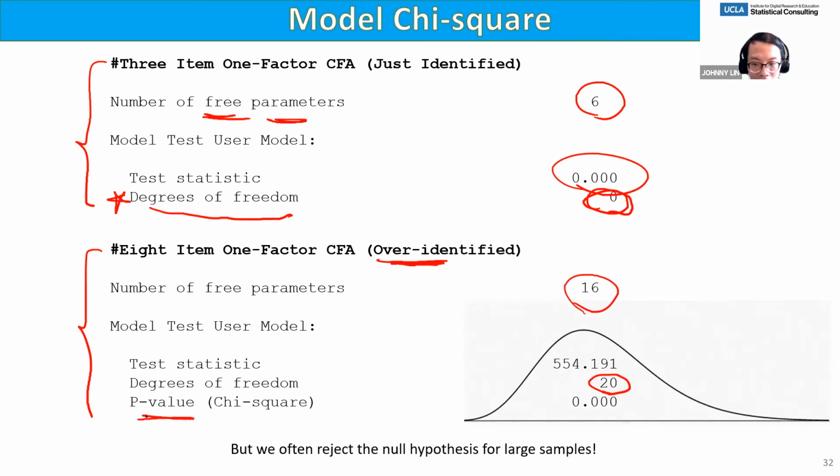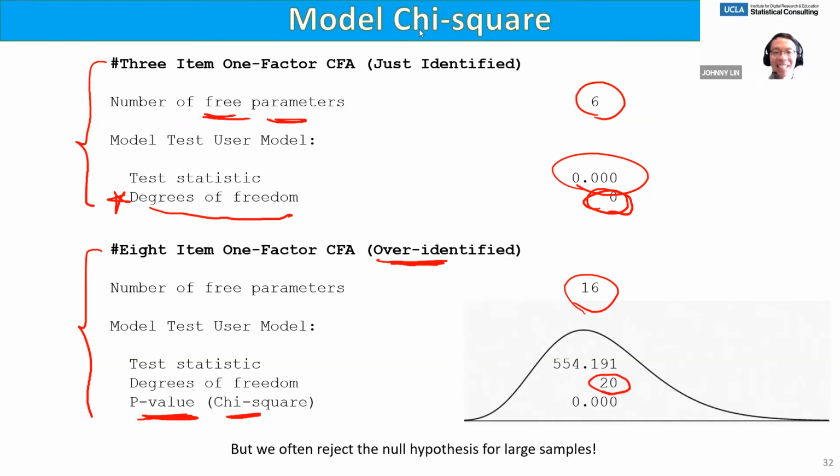Now look at the p-value. What is this saying about our null hypothesis? The null is rejected. The null is rejected, right? So that's actually bad, right?